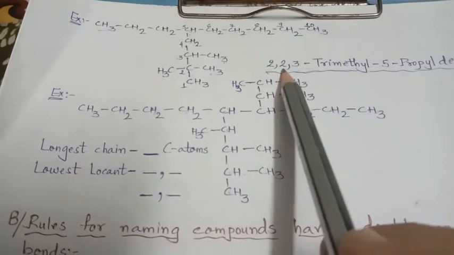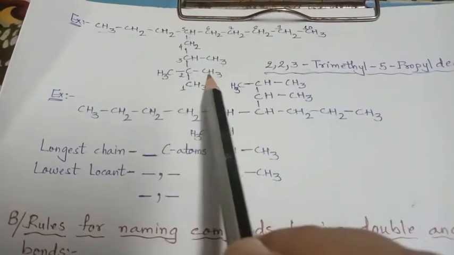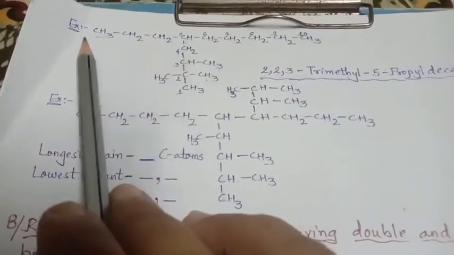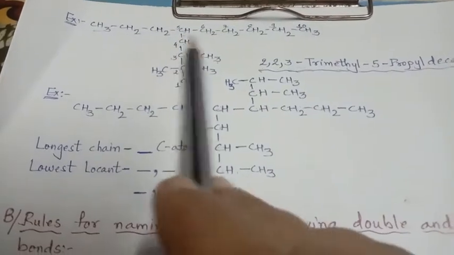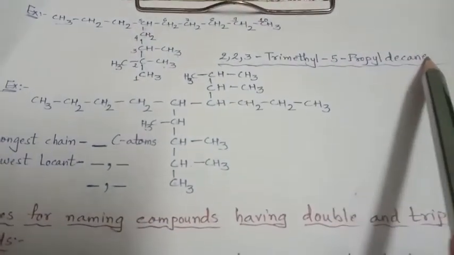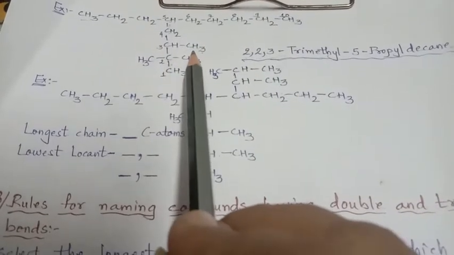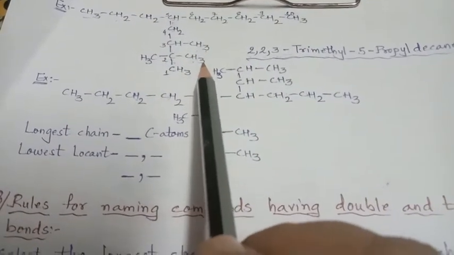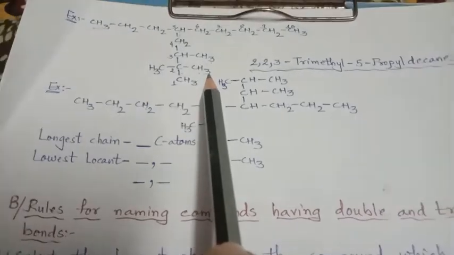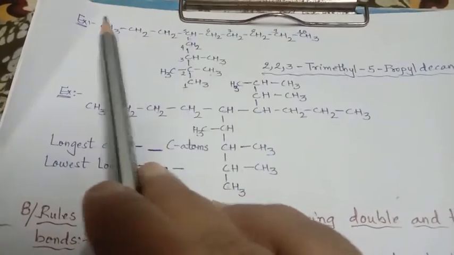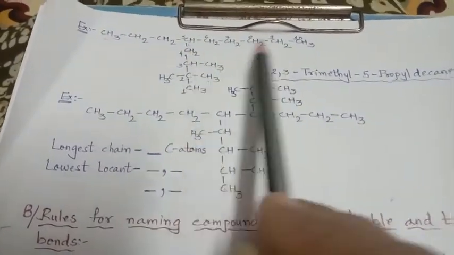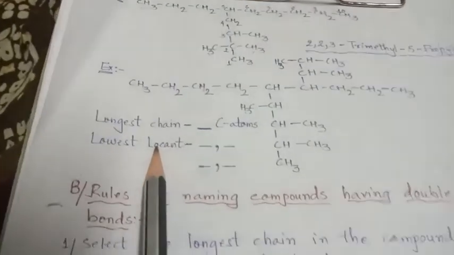So 2, 2, 3 trimethyl 5 propyl decane. Clear? What are we going to do? The first attachment, then the functional group, the alkyl group attached, then the second branch when it is there, and the complete root word. Right?